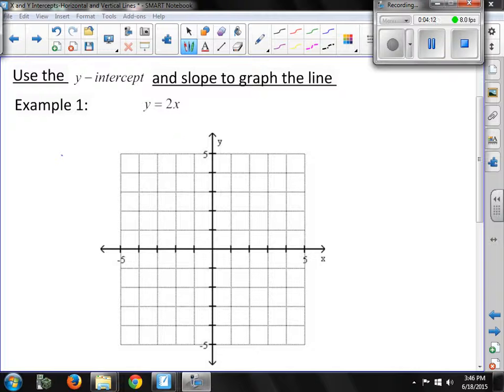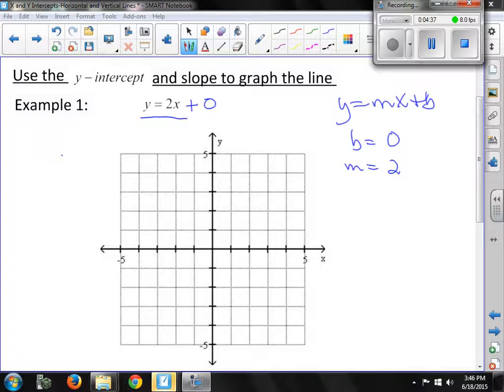Next example, we're going to use the y-intercept and slope to graph the equation of the line. Now remember that y equals mx plus b is our slope-intercept form of the equation of a line. So here we have y equals 2x. Now my b in this example is 0. So my y-intercept is 0 and my slope is 2.